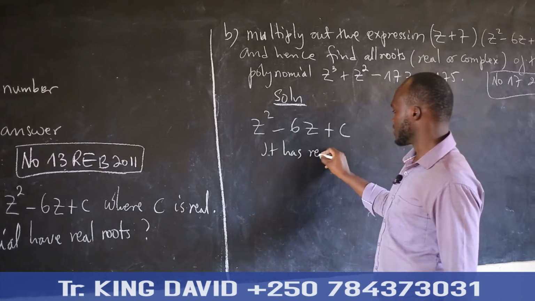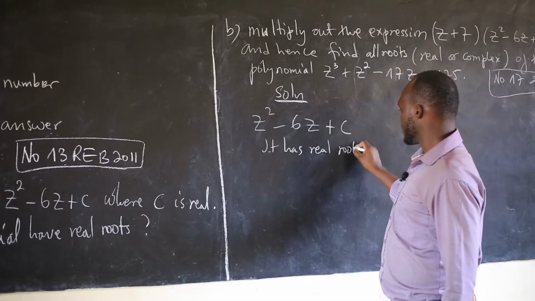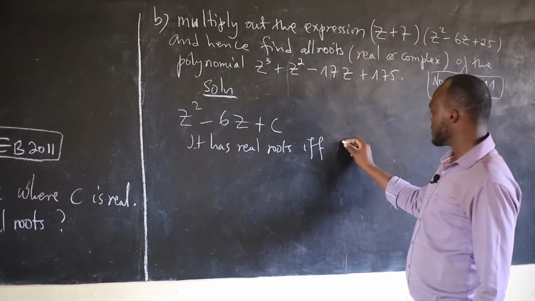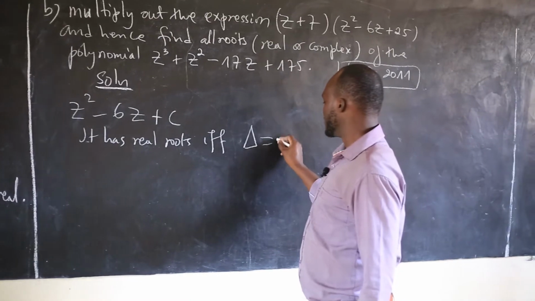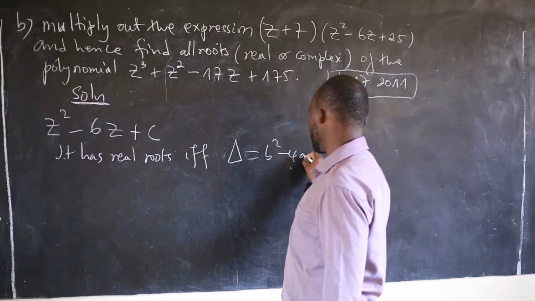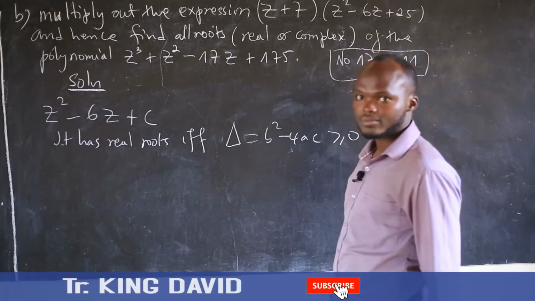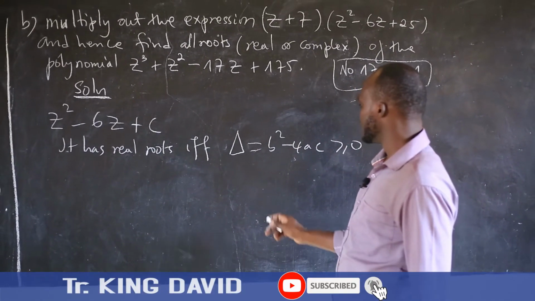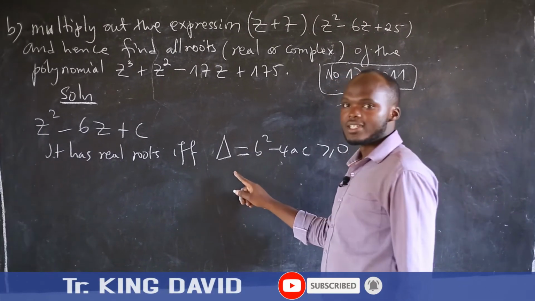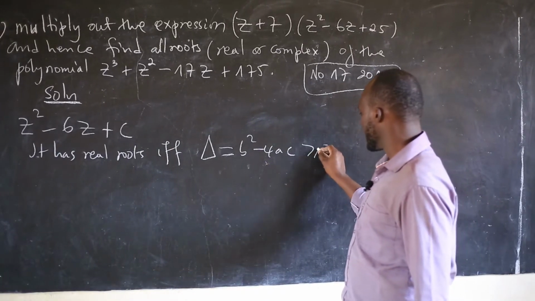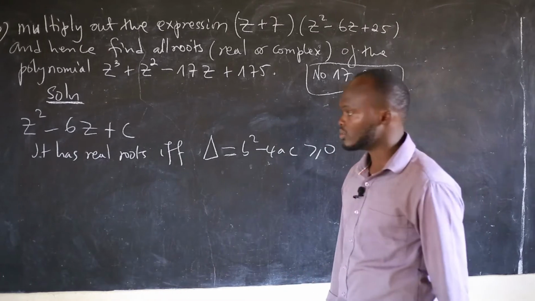It has real roots if and only if the discriminant, which is delta, b squared minus 4ac, is greater than or equal to 0.